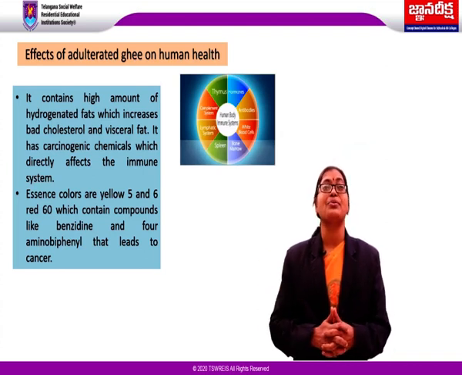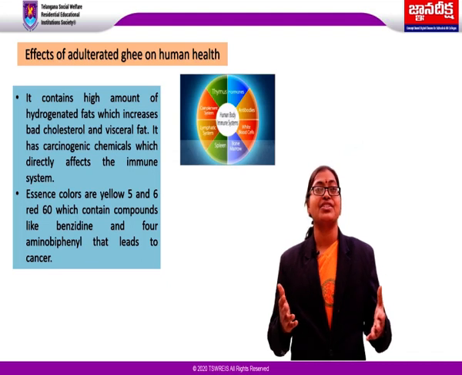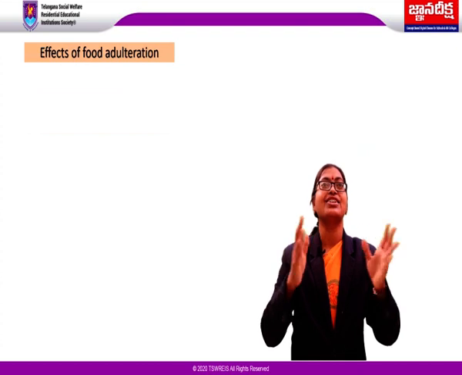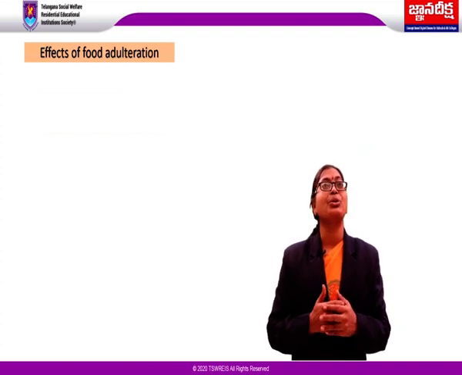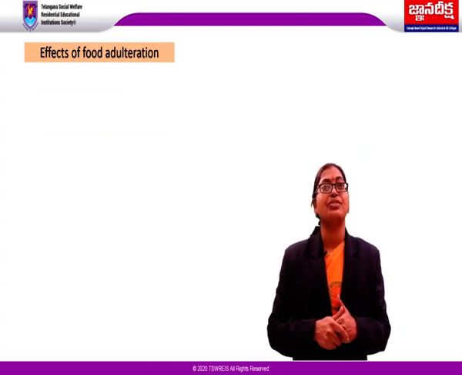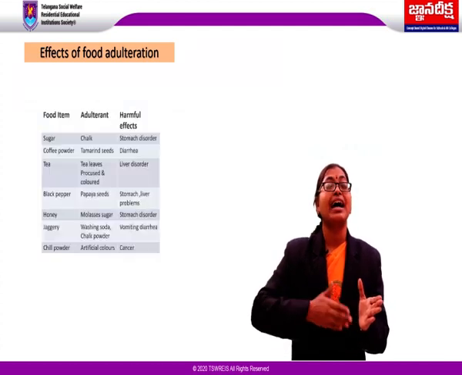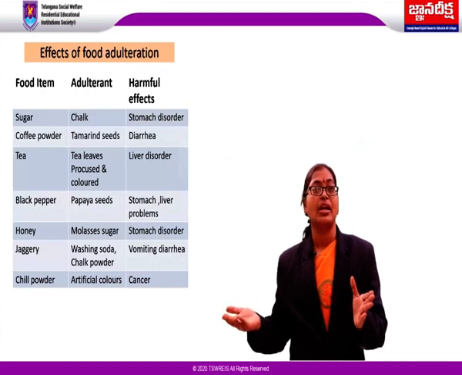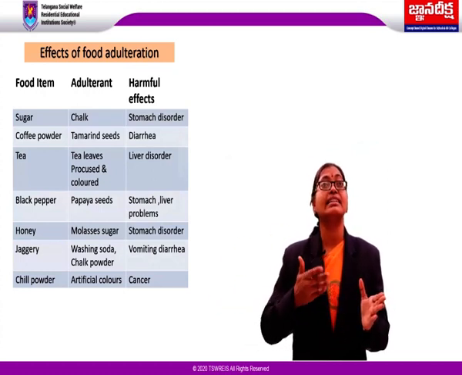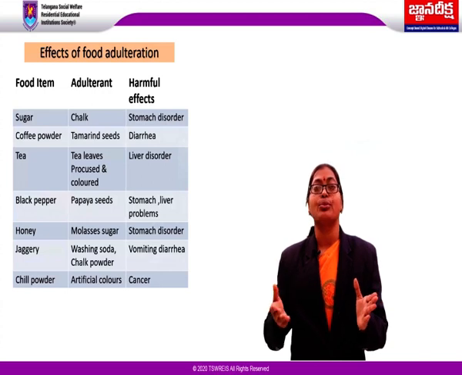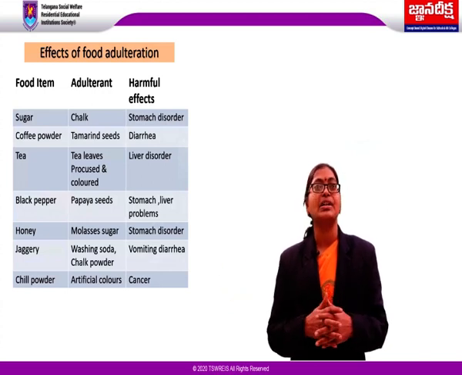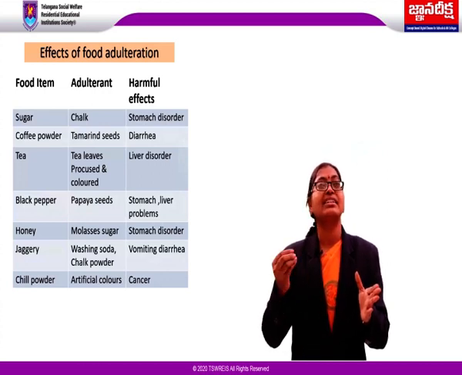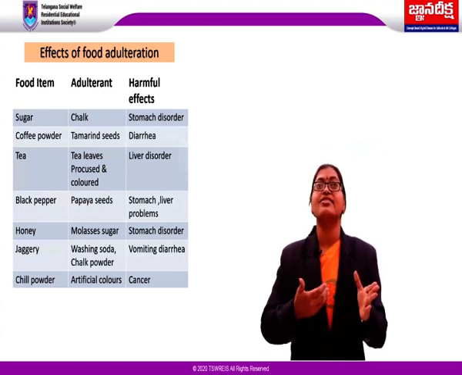Now children, we are going to see the effects of food adulteration. Whatever we have discussed till now, we are going to see in the chart. Sugar is adulterated with chalk powder, which leads to stomach disorder. Coffee powder is adulterated with tamarind seeds, which leads to diarrhea. Tea is adulterated with used tea leaves or some other colors, which lead to liver disorders.